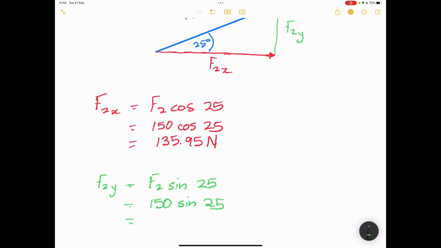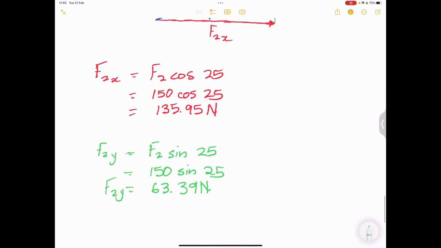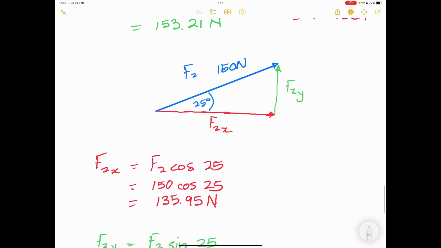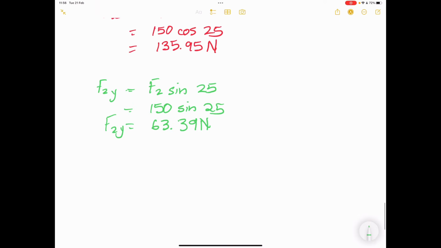And in this case, that's 150 sine of 25, and we've got 63.39 newtons. That's F2 in the vertical dimension. Now, ladies and gents, what we've done now is to break both forces into their respective horizontal and vertical dimension.